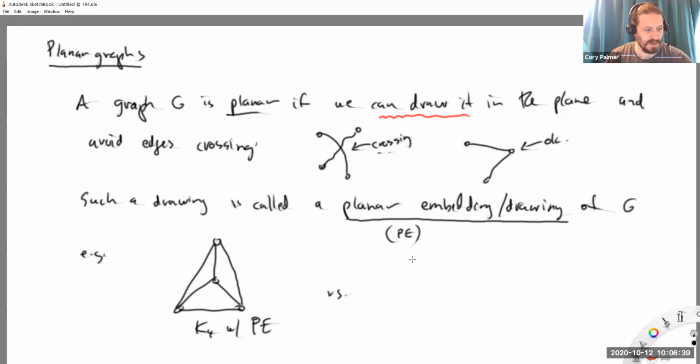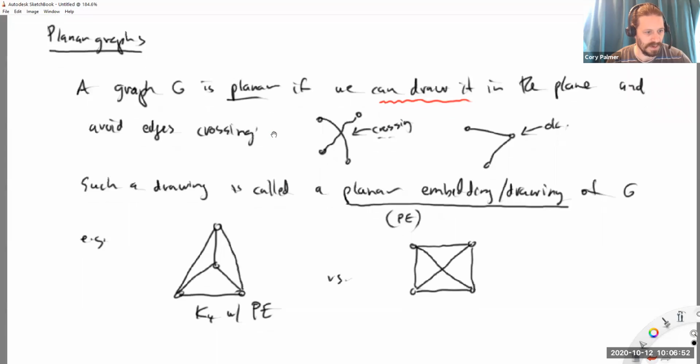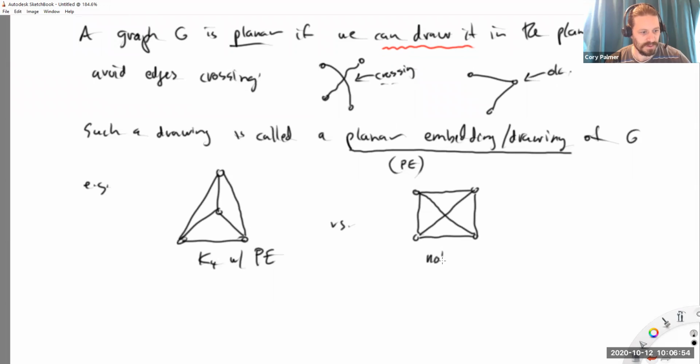Versus K4 drawn without one, right? So here's a K4, and it's drawn without a planar embedding. That's still the same graph, but it's not drawn in a way that's a planar embedding, and this doesn't help us establish whether it's planar or not, okay?